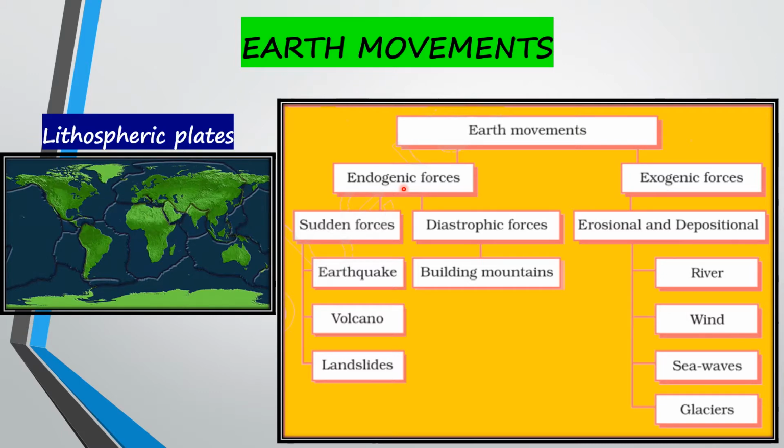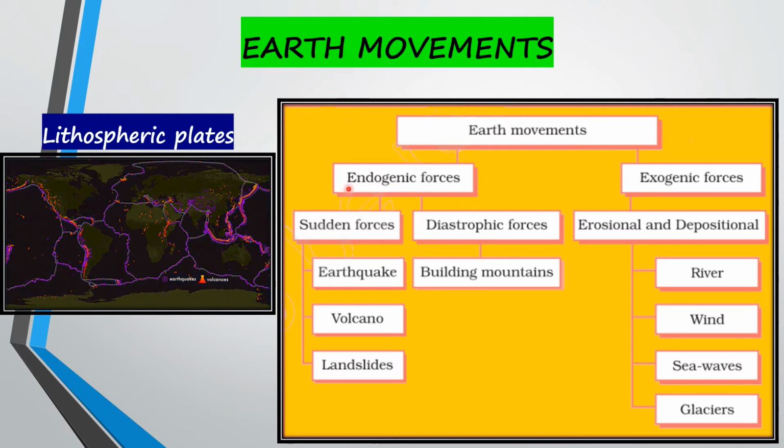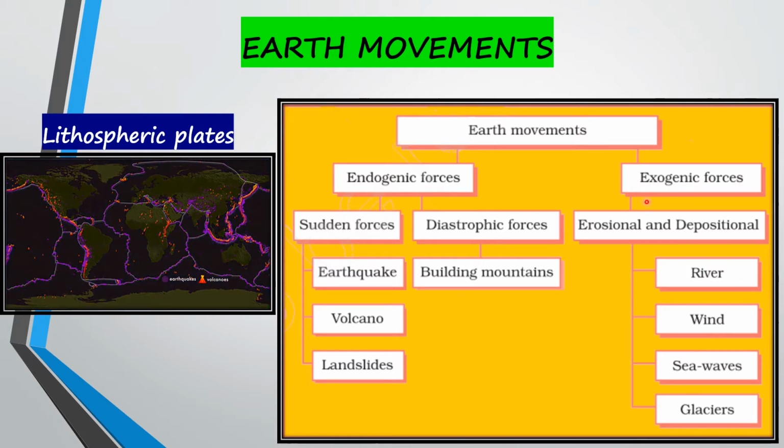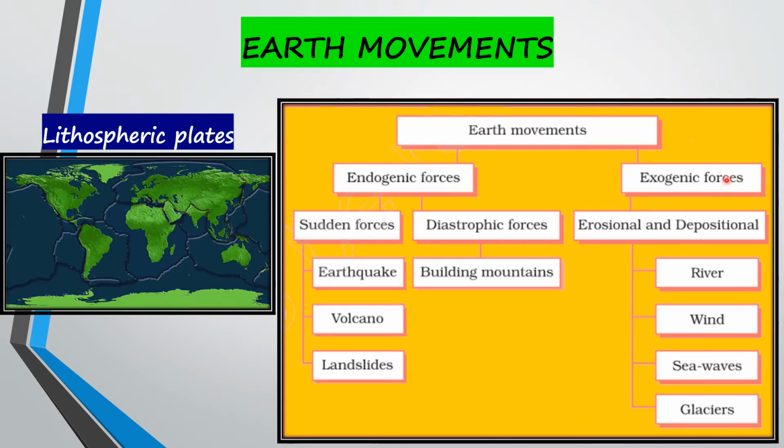Endogenic means the forces which act from the interior of the earth. Endo means inside, genic means origin, originating from the inside of the earth. And exogenic: exo means outside, genic means origin, originating from the outside, that is from the surface of the earth. So that is exogenic forces.